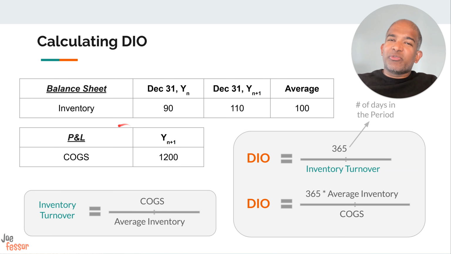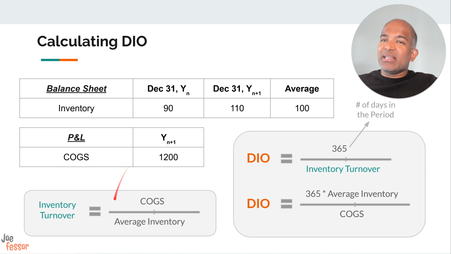Here we see a snapshot of a company's financial data. From the balance sheet, we have the inventory at the end of the previous year, which is 90, and at the end of the current year, which is 110. We calculate the average to be 100. From the profit and loss statement, or P&L, we have the cost of goods sold for the current year to be 1,200.